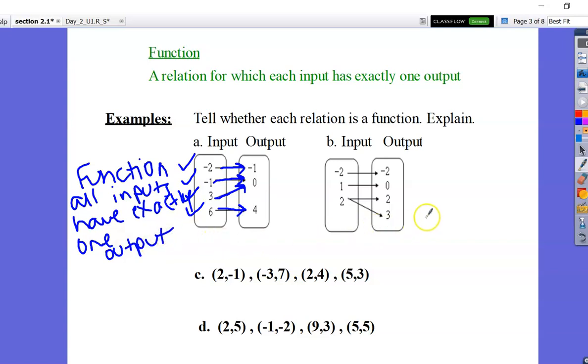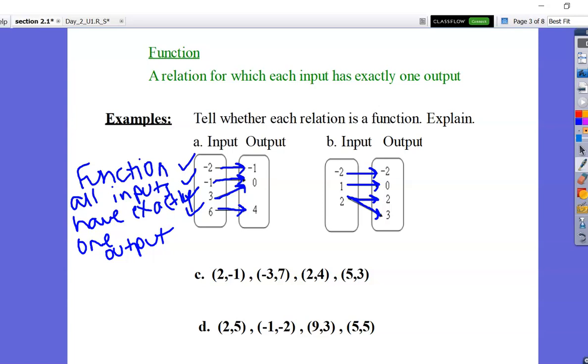And then looking at example B, I can see that -2 maps to -2, perfect, meets the conditions. 1 maps to 0, okay, 1 has exactly one output and that's 0, so we're good to go. I can see that 2 maps to 2, and then 2 also maps to the number 3.